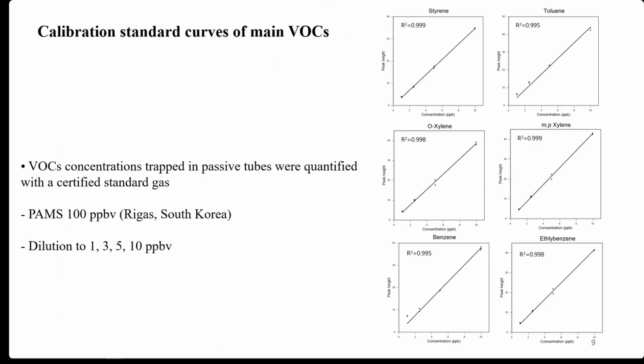Next, I'd like to talk about calibration. In GC systems, calibration is essential for ensuring the instrument can accurately measure specific concentrations of compounds. The calibration process uses standard gases at 1, 3, 5, and 10 ppb to establish a reliable correlation between the detector's responses and known concentrations.